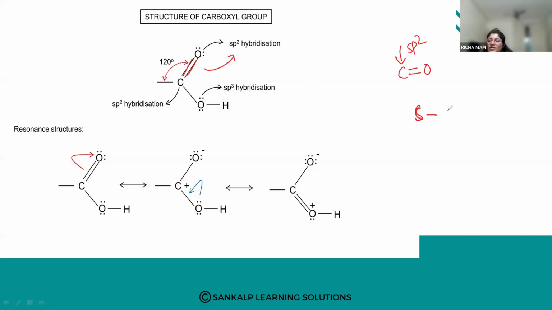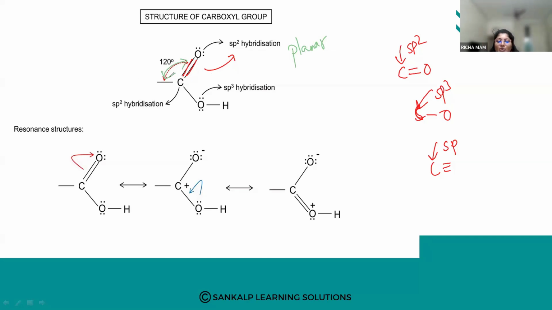If it is a single bond, it is sp3. If it is a triple bond, it is sp. So the carbonyl carbon is sp2 hybridized. It is planar and the bond angle is 120 degrees.